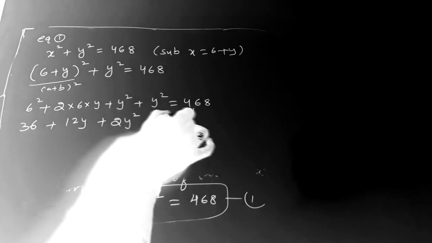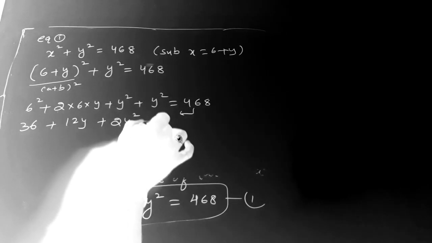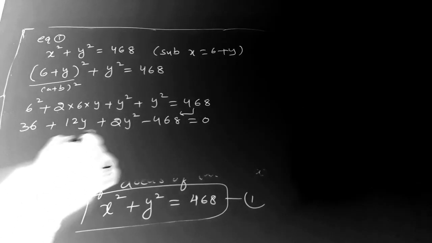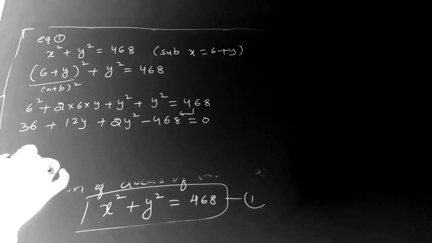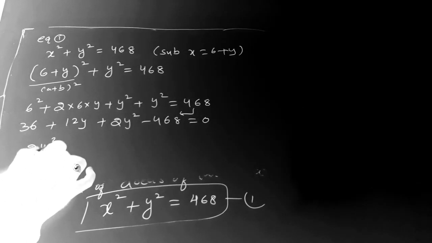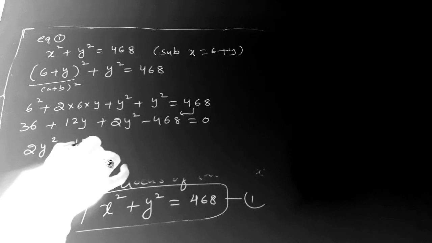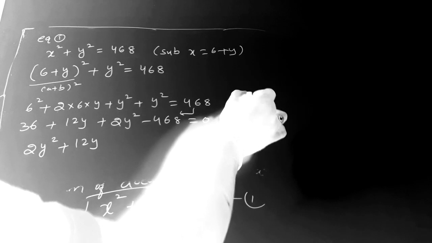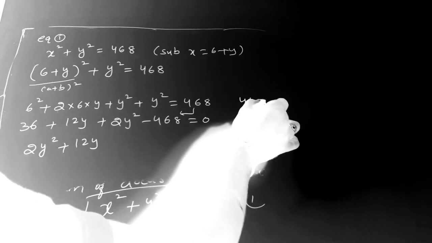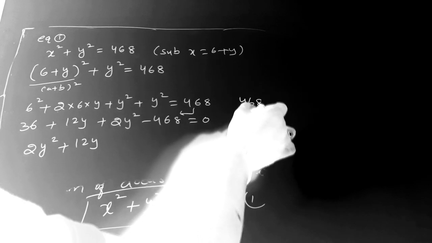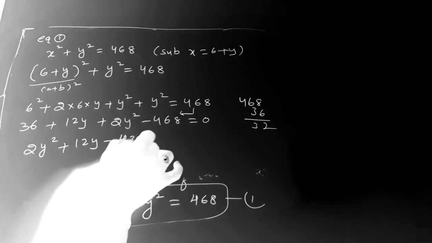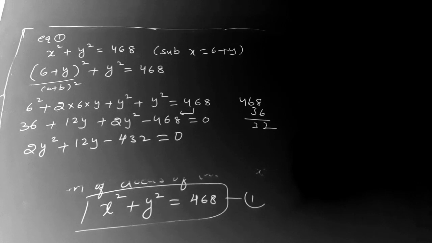Now bring this 468 to the left side, minus 468. Writing in standard form: 2y square plus 12y, and 36 minus 468 is minus 432, equal to 0.